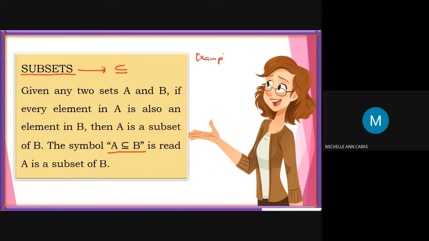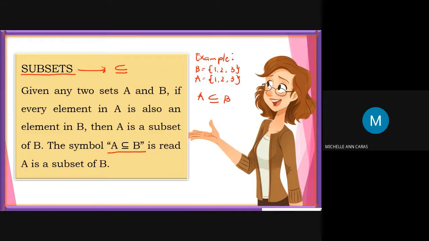Okay. Halimbawa, if the value of A is equal to 1, 2, 3, and the value of our B is equal to 1, 2, 3, so we can say that si A, class, is a subset of B. Nga aman, ano ang dahilan? Since kung tanawon naton, si A, mayara siya sang value nga 1, si B mayara man sang 1.